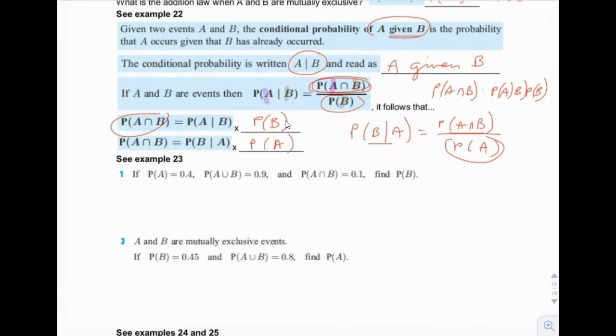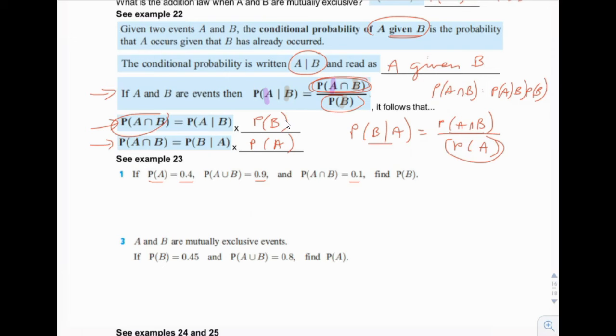Okay, number one. If the probability of A is 0.4 and the probability of A union B is 0.9, then the probability of A intersect B is 0.1. Find the probability of B. So now we can just use one of these formulas or the addition rule to figure it out. Okay? So how about we use the addition rule?